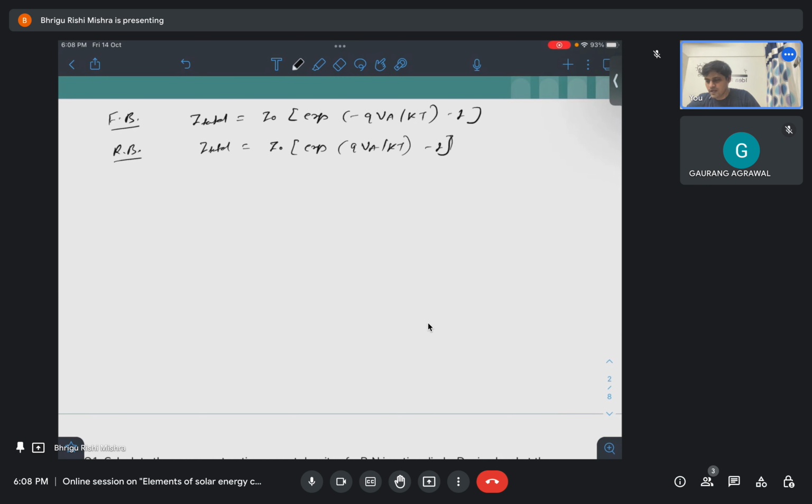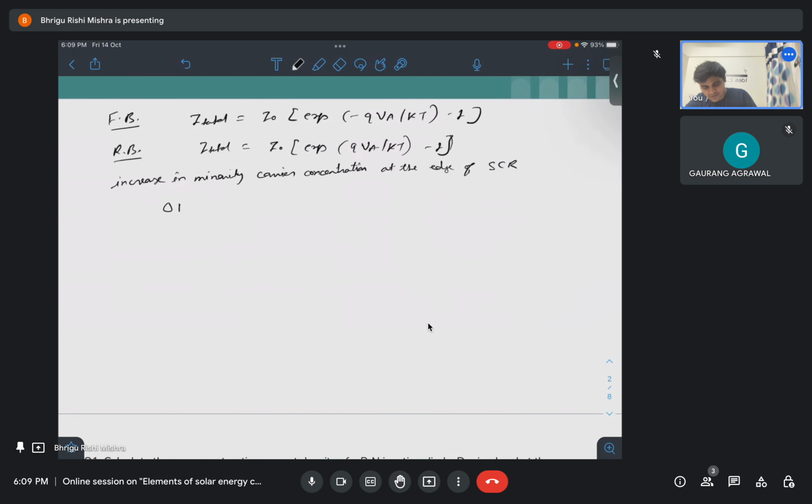We have also seen the increase in minority carrier concentration at the edge of the SCR.